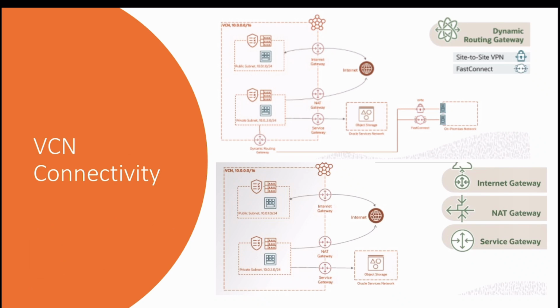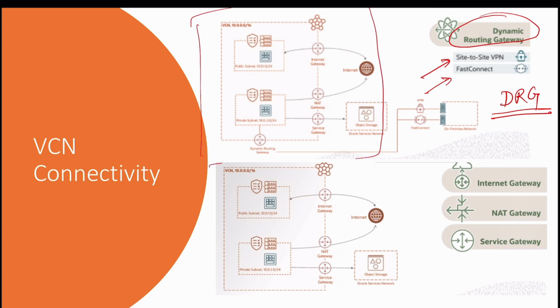Let's see what is the VCN connectivity. Let's understand how these are connected. There is one important component, the dynamic routing gateway, or routing gateway, whatever you say. In short, we know it as DRG. DRG is used whenever we need to communicate through a site-to-site VPN or FastConnect. We can have two types of connection between your Oracle Cloud Infrastructure and our organization's on-premises network.